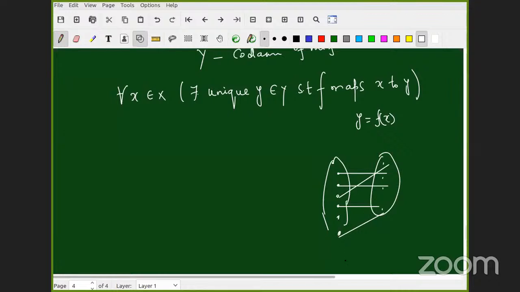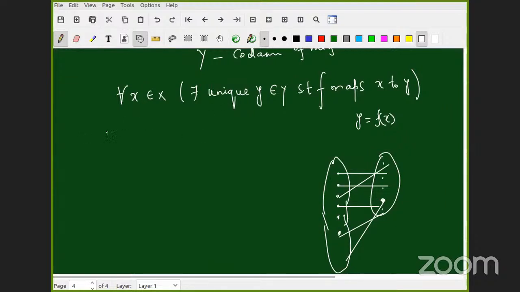It's not a function, because for this element there is no image. Very good, most of you have answered. So this is not a function. Therefore that's a condition: for each x, I should have a y.